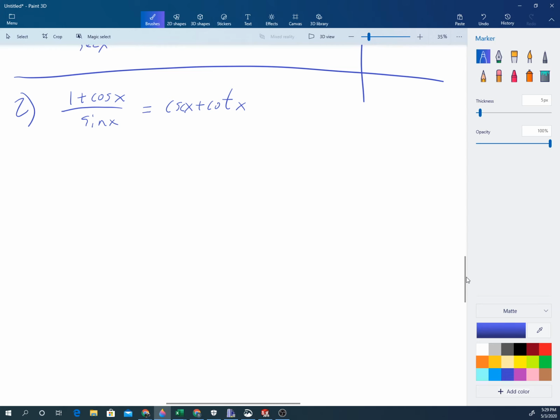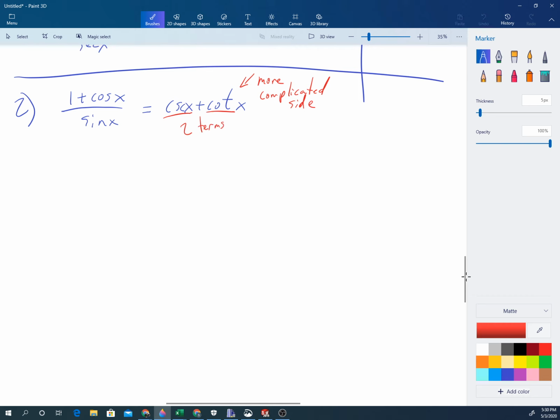Okay, now on this one I think I'm going to surprise you, because I'm going to say that this is the more complicated side. Let me tell you why. It's because I have two terms.